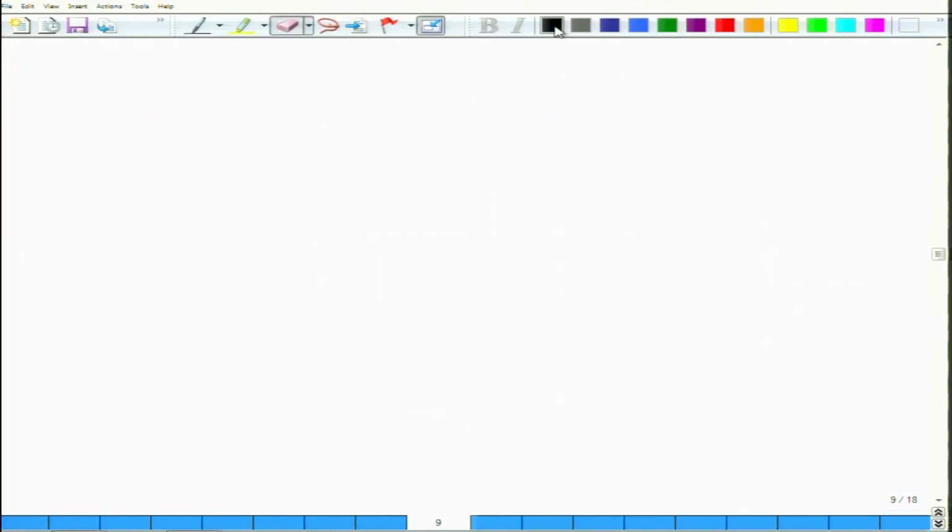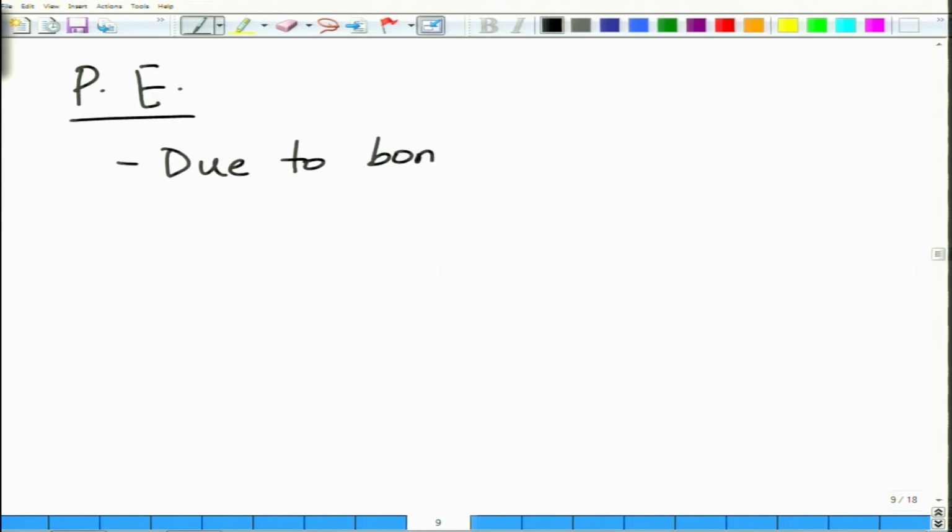The potential energy term, on the other hand, is written as follows. This potential energy Pe is due to bonding.